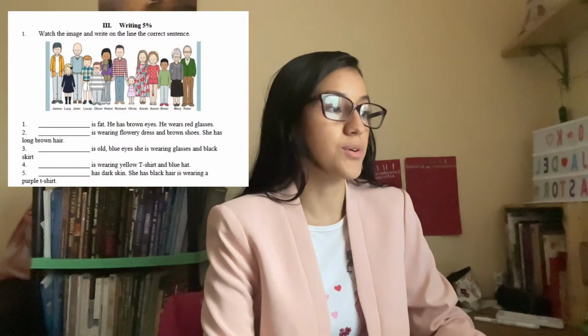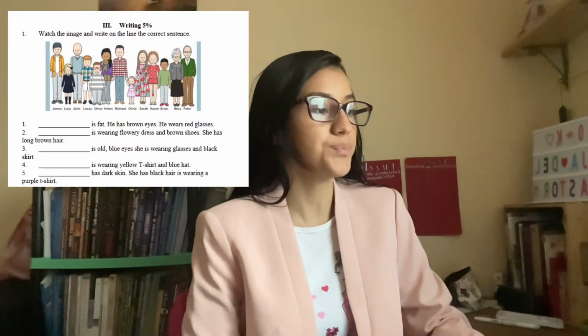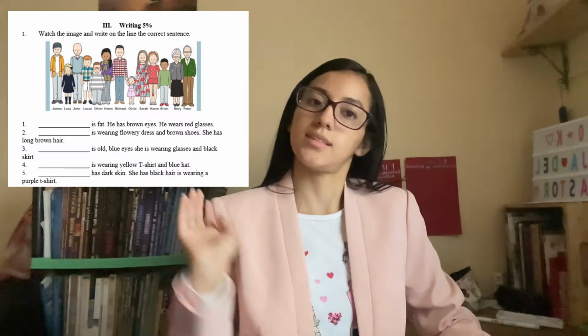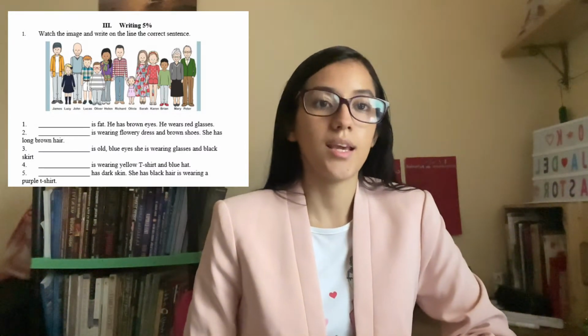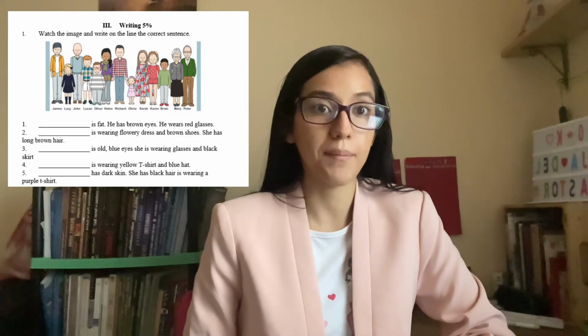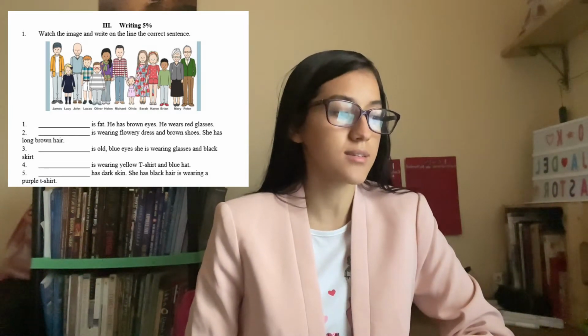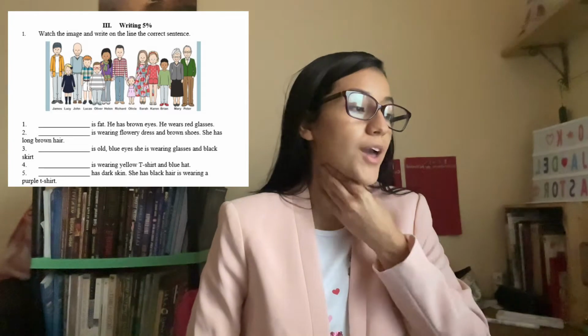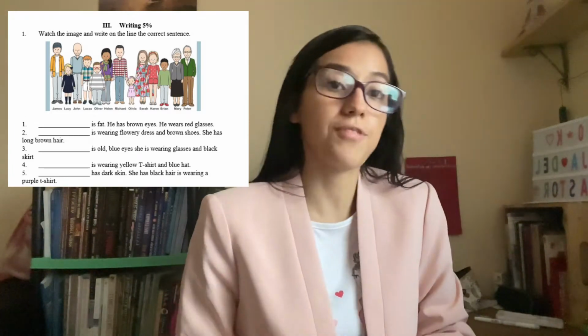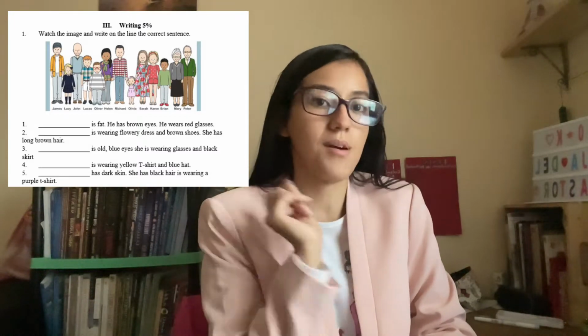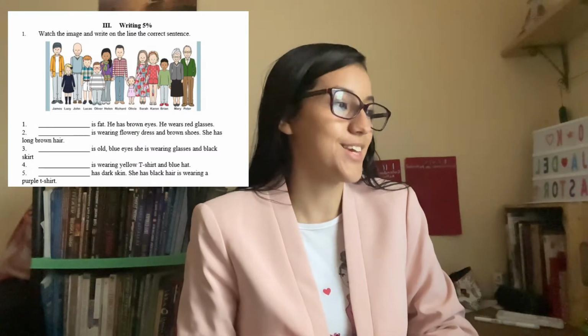Then I have the writing skill. To evaluate the writing comprehension, I selected this exercise. It is an image of a big family, and there are 5 sentences describing some of the members in the image.